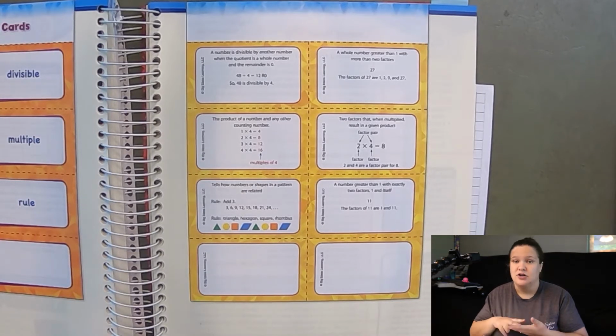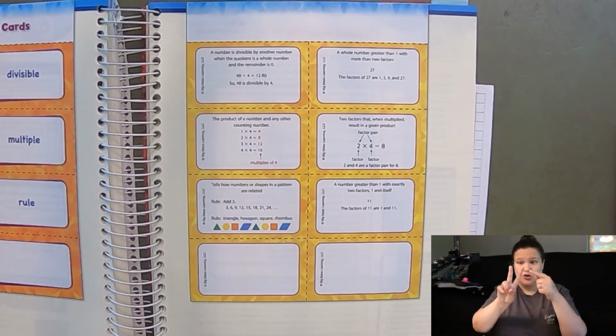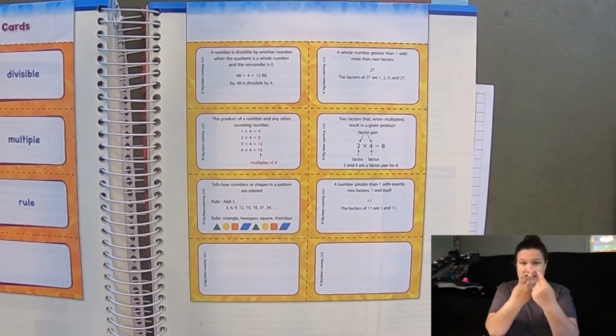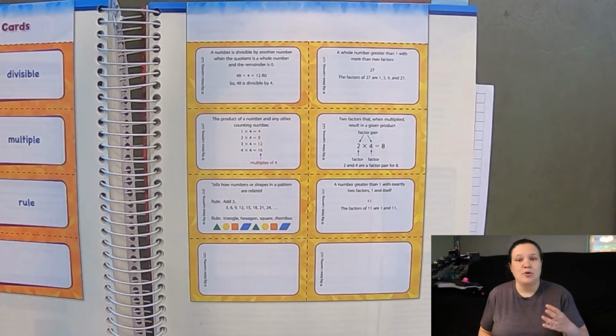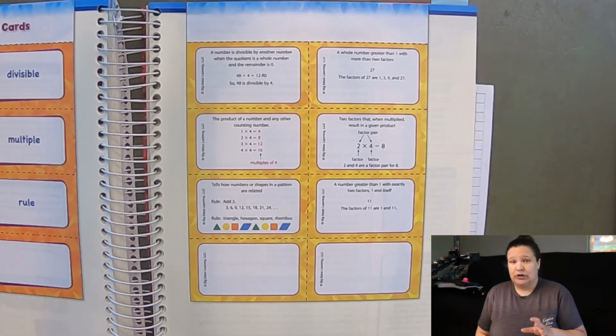You can flip them, but it's still 1 and 11. So, prime numbers, the only factors they have are 1 and itself. Composite numbers have more than 2 factors, more than just 1 and itself.